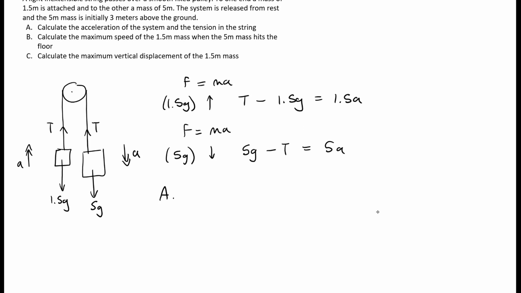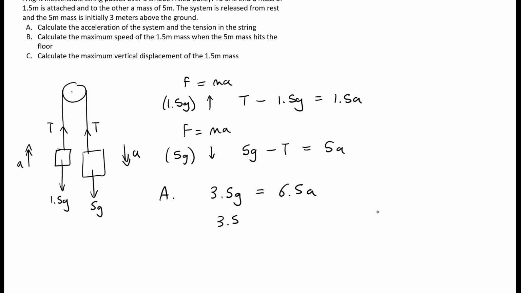Part A asks, calculate the acceleration of the system and the tension in the string. Well, the 2 equations that we have here and here can be solved simultaneously to find tension and acceleration. By using elimination and adding the 2 equations together, we're left with 3.5g equals 6.5a.